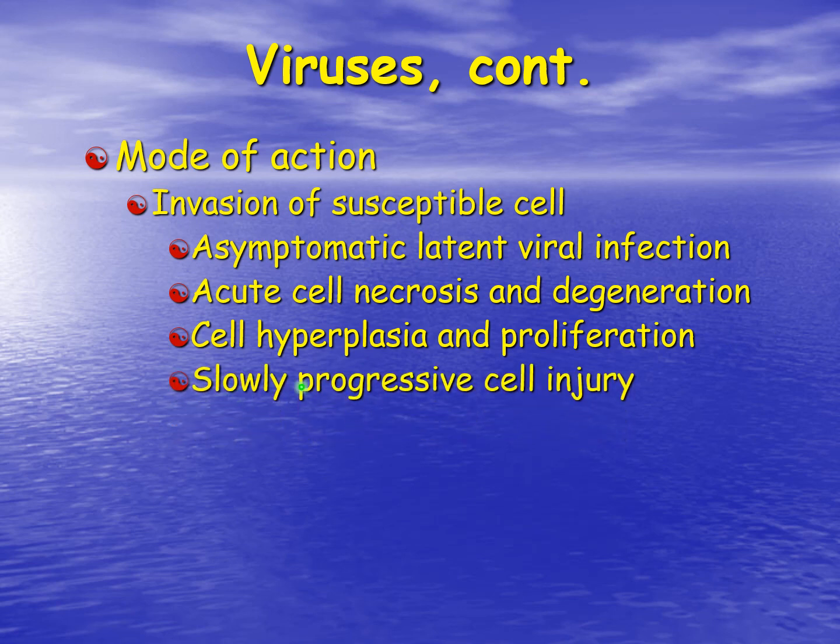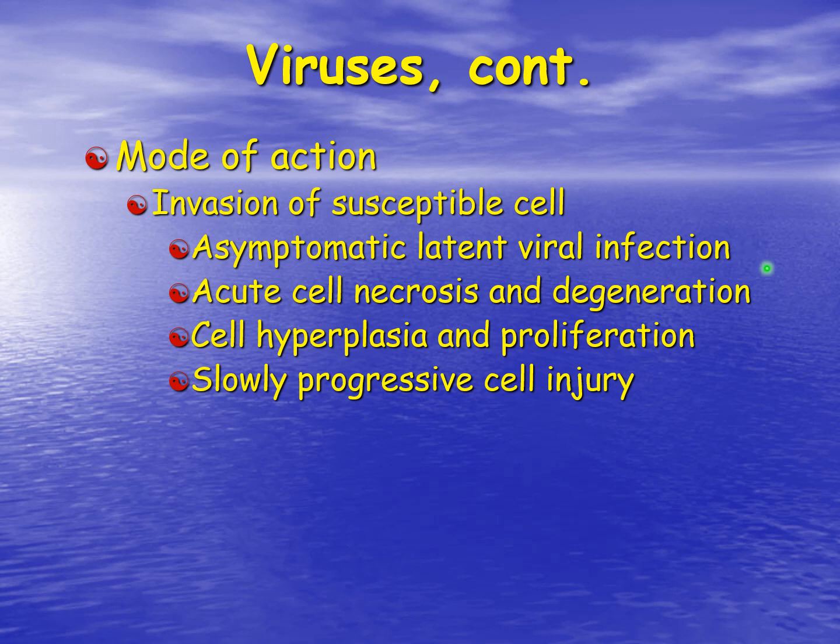It might cause cell hyperplasia and proliferation because we gear up to make more and more viral proteins. Or it could have a slowly progressive cell injury. This is something that HIV will do. First of all, HIV typically tends to be asymptomatic in the early stages. While the viral code is in the host cell, it is not being made into new viruses.